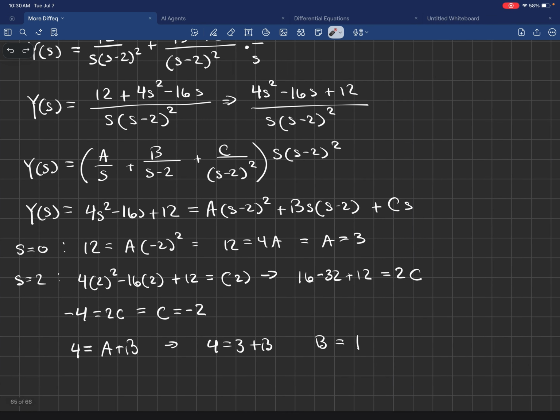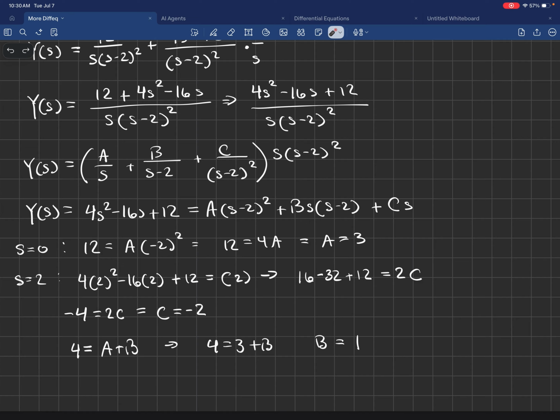Now we took two easy guesses, s equals 0 and s equals 2, so that we can eliminate some terms and find some of these coefficients. We set s equal to 0 to find our a, and we set s equal to 2 to find our c.